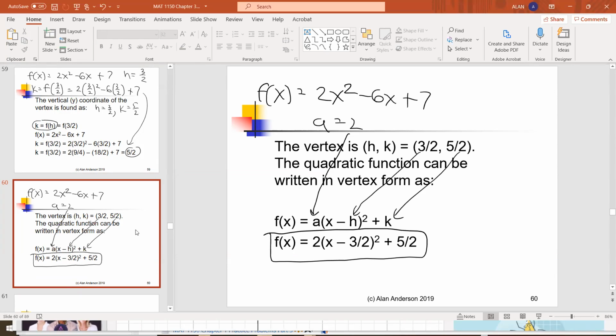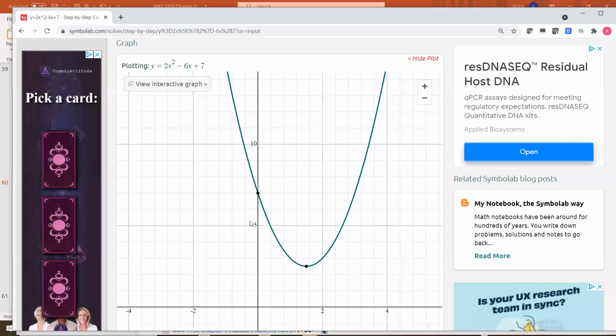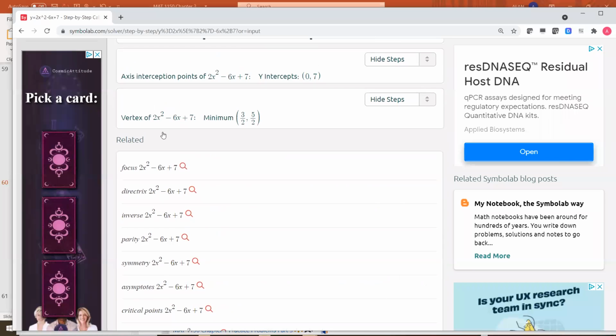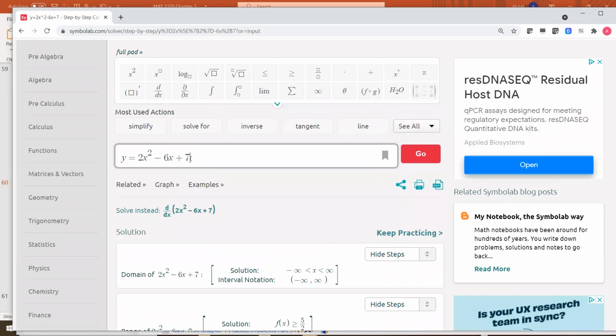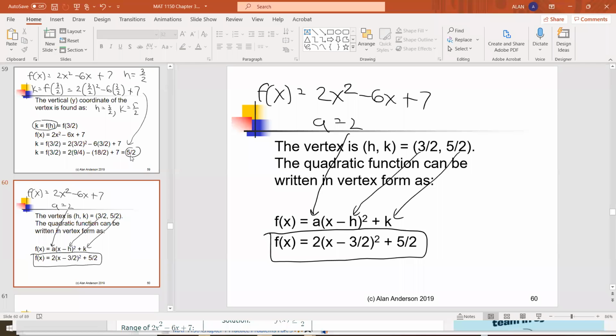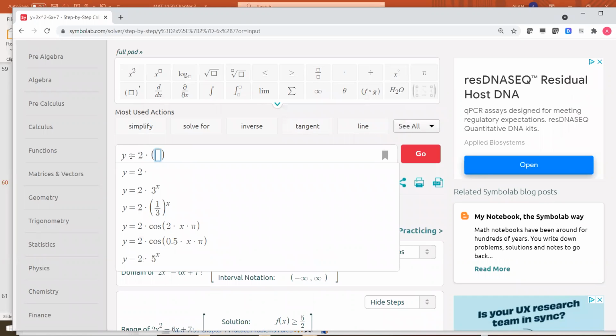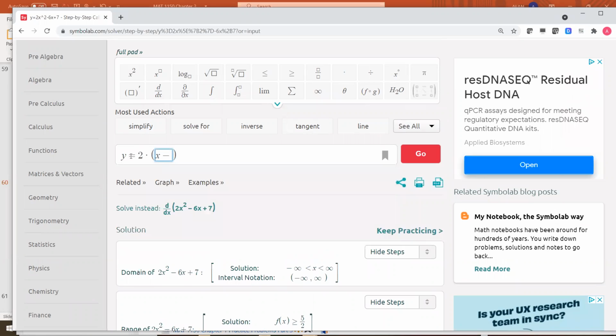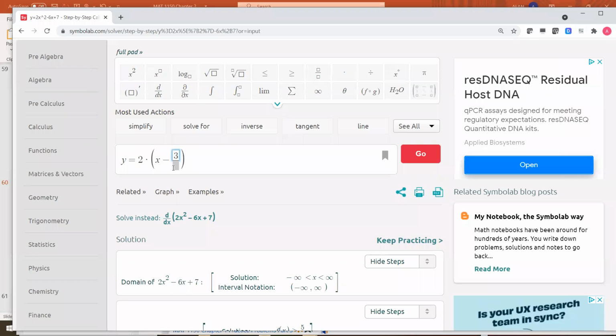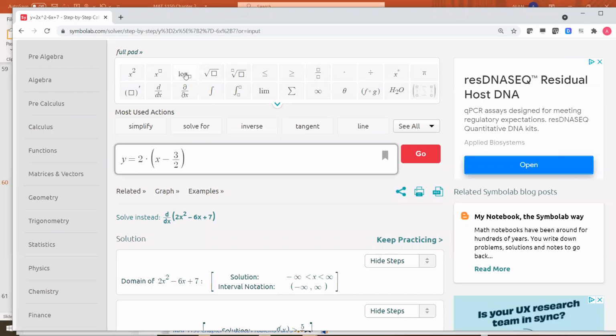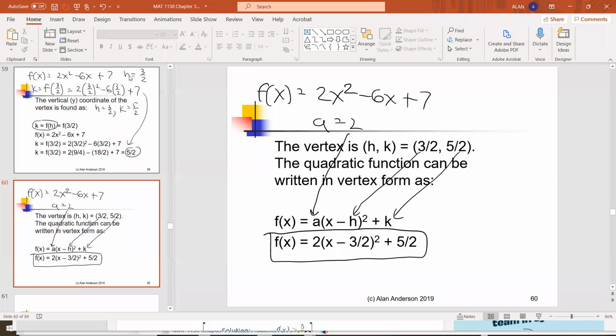So if I were to go to Symbolab and type that in instead of what I had in the first place, you'll see it'll give me the same result. Okay, in fact, maybe we'll check it out. So let's change this to two times x minus 3/2 squared plus 5/2.